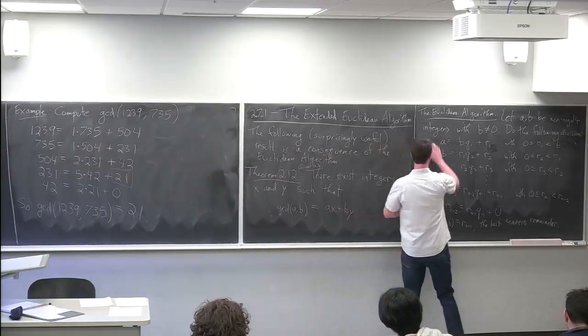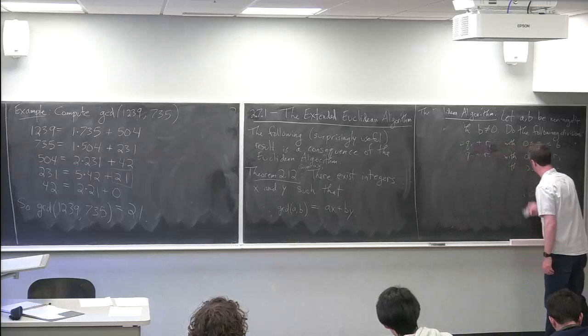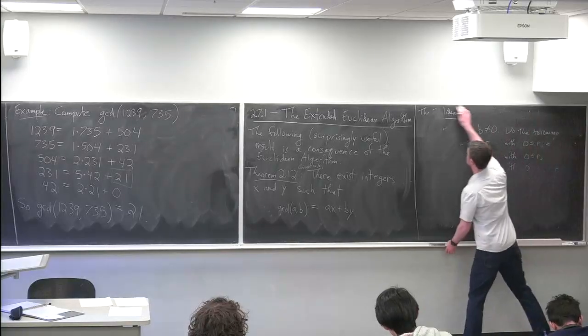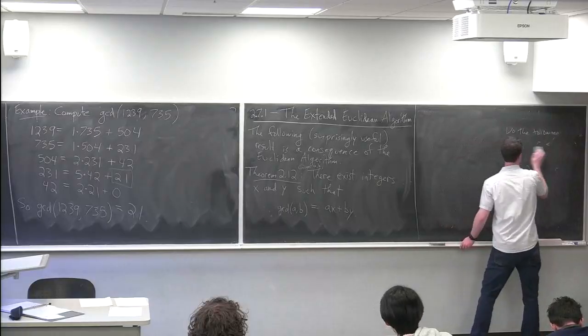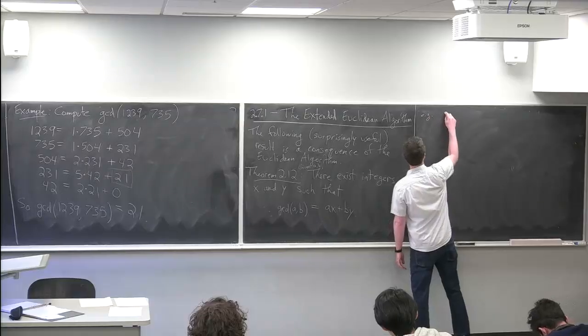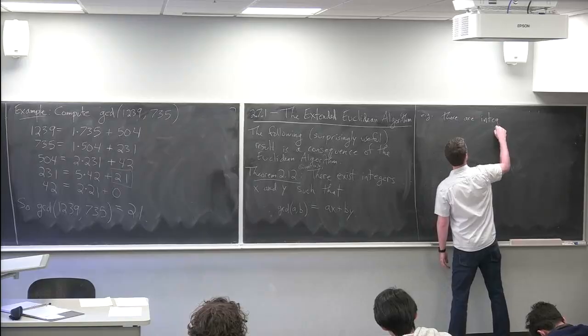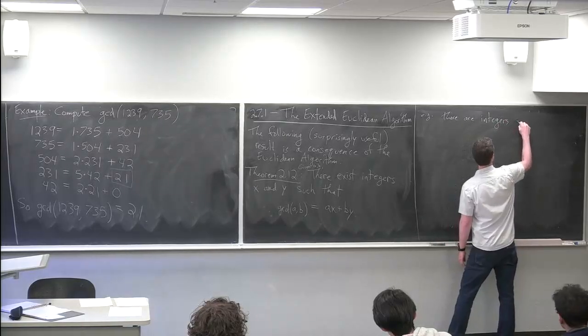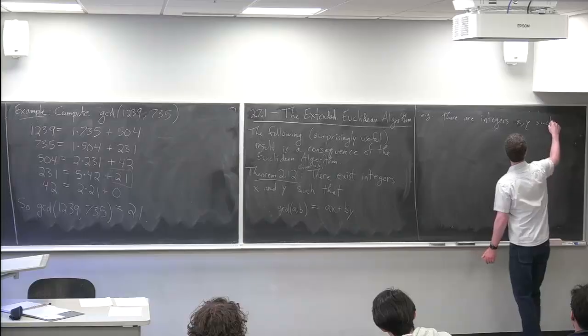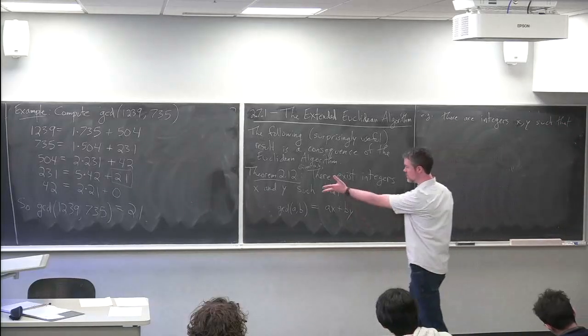So, for example, what this is asserting is that there are integers x and y with the property that, maybe just look at this example.